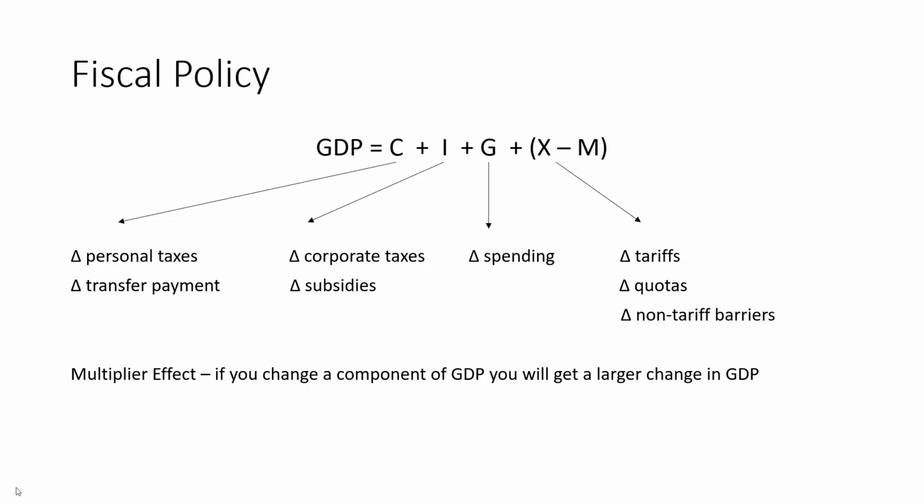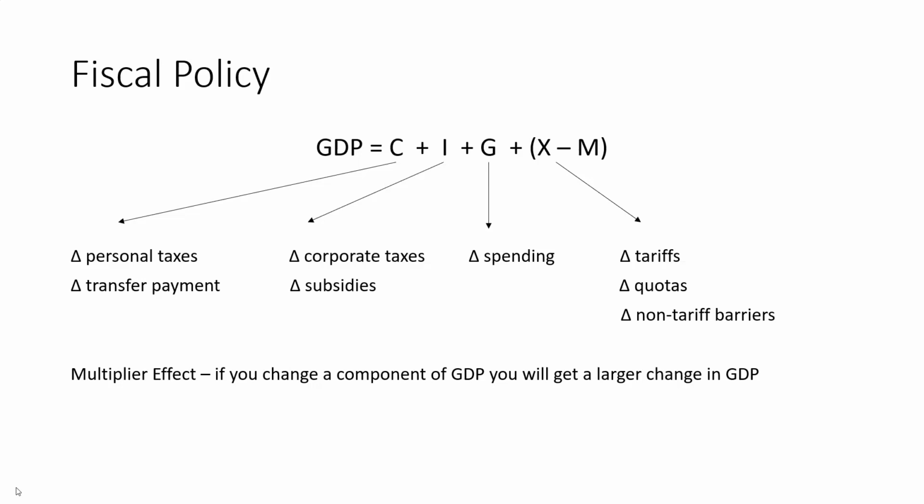Now, remember, that is incredibly important because if the government wants to stimulate the economy by $2 trillion, we know that that's going to have a much larger multiplied effect on the economy. So we have to balance what we need to have happen, how we want to change GDP, and we only have to change the component by something less than that.